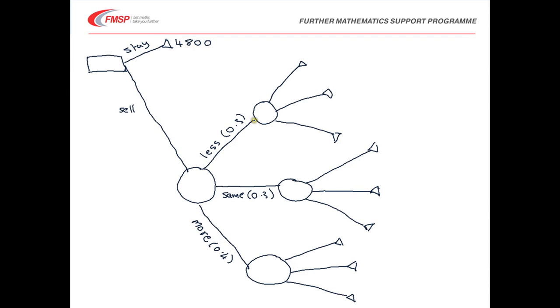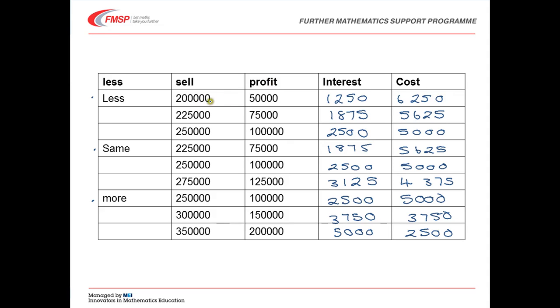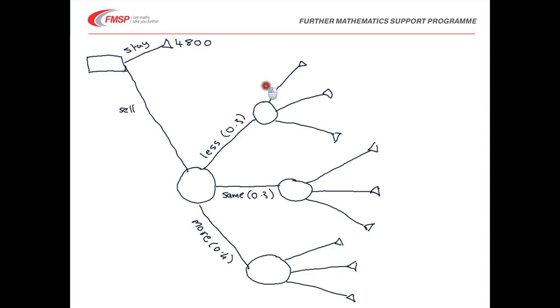Economic conditions could be less favourable, and if they are less favourable, then we've got three possibilities there, which we worked out before as being 200,000, 225, 250. So I'm just going to put 200, 225 and 250 and not bother with the thousands at the moment.